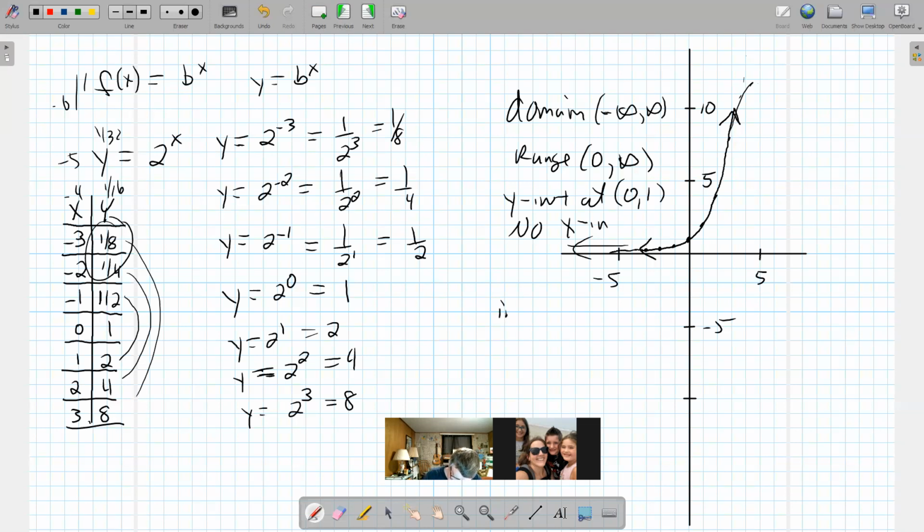We also say that this thing is increasing over its entire domain. My writing is just atrocious this morning. Anyway, it's increasing over its entire domain. We're going to look at some more examples of this.